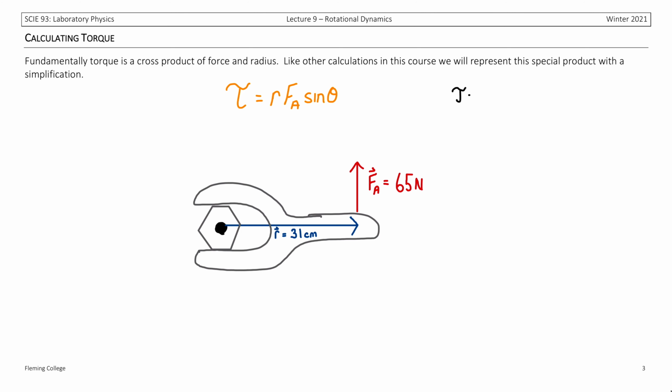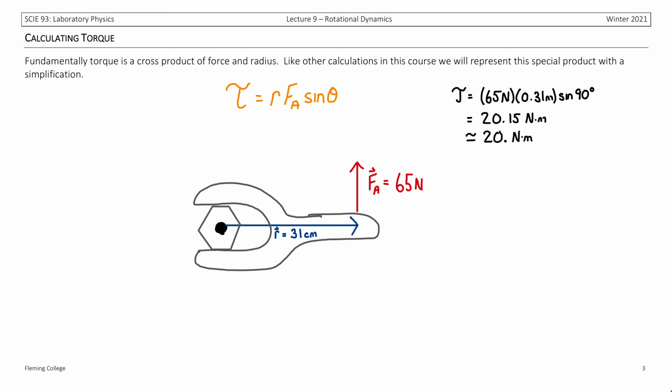So the torque is equal to our force applied and our radius and the sine of the angle between them, and if we're perpendicular, that means we have a 90-degree angle, and we plug that into our calculator, we'll see that we get a torque of 20.15 newton meters. Considering significant digits, this is approximately 20 newton meters.